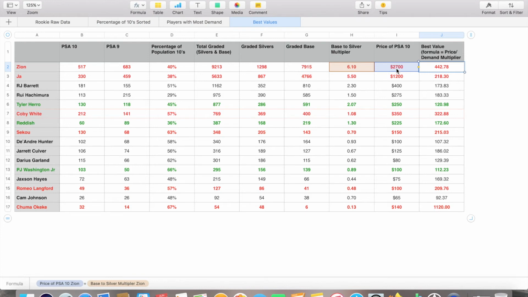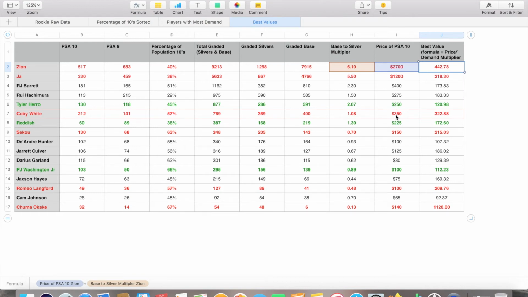But there's more and more coming to the market, and I expect that to definitely affect the price, make it come down a little bit if he's not going to be making a deep playoff run. And then we see Ja's cards are also over $1,200. RJ Barrett's latest PSA 10s are around the $400 mark. Rui Hachimura, $275. Tyler Herro, $250.